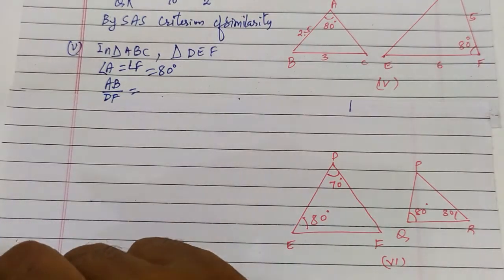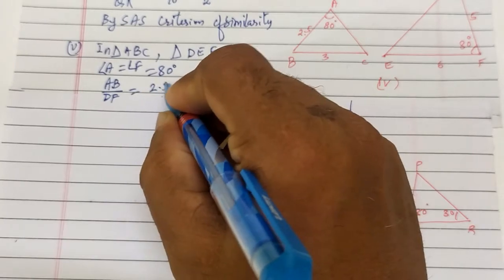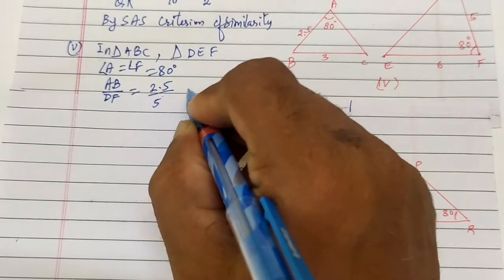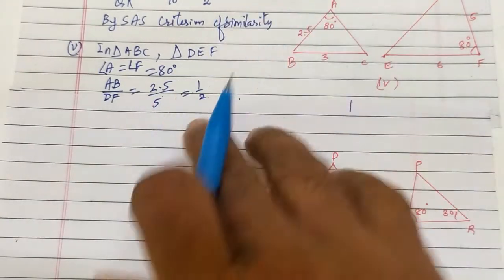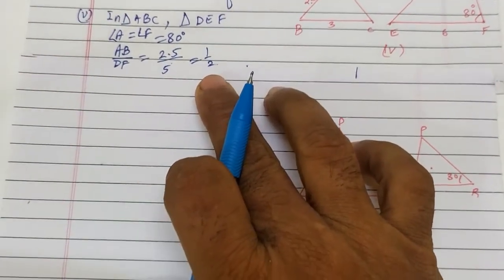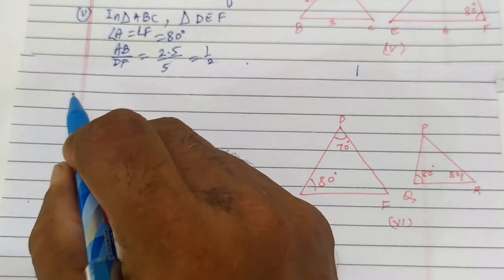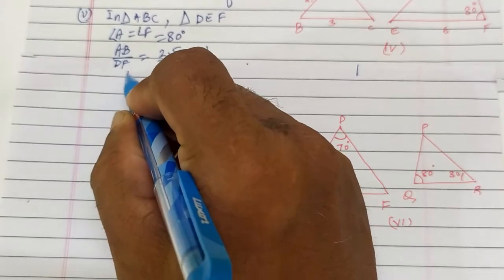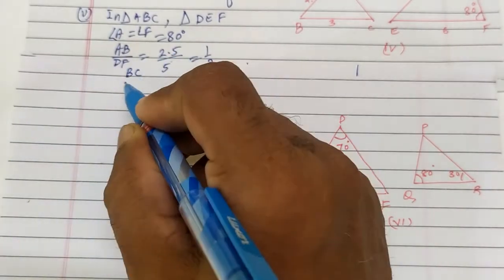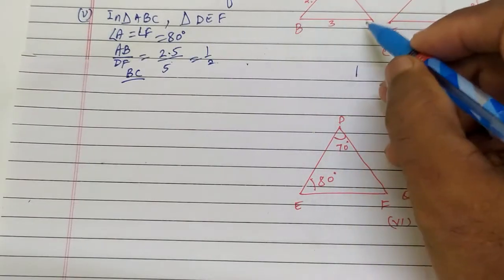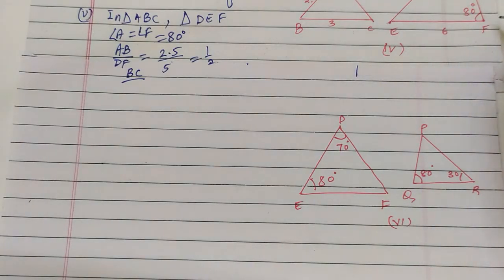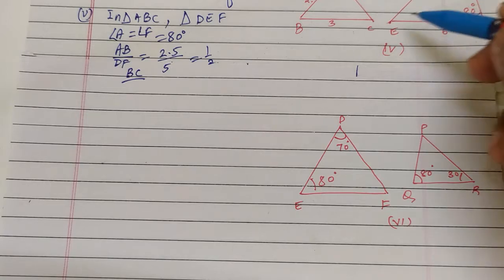How much? AB is 2.5, DF is 5. This will be 1 upon 2. Then you will see the other side, BC upon DE. How much is it? 3, and this is DF, and then E.